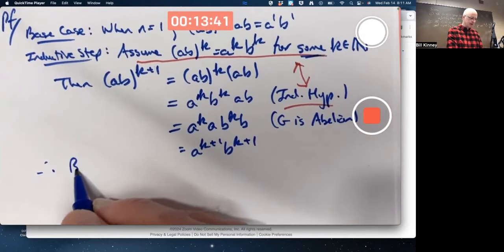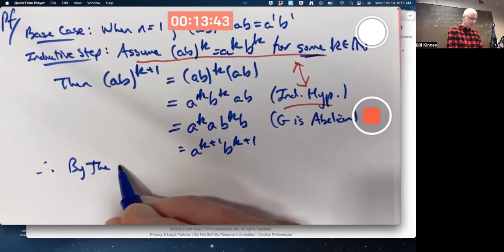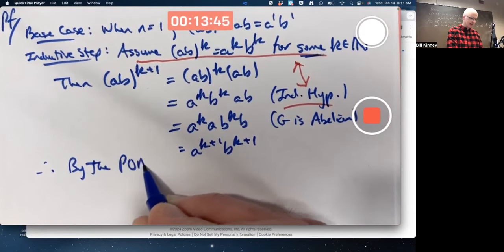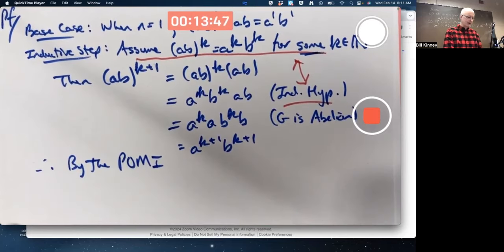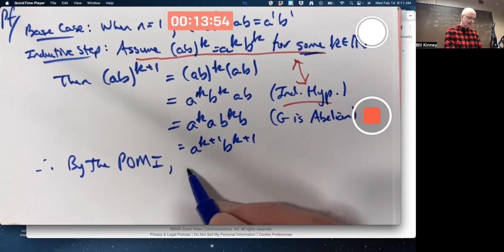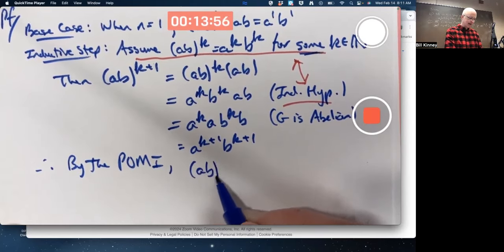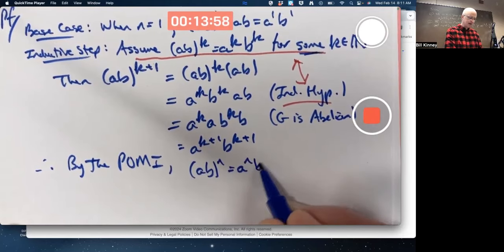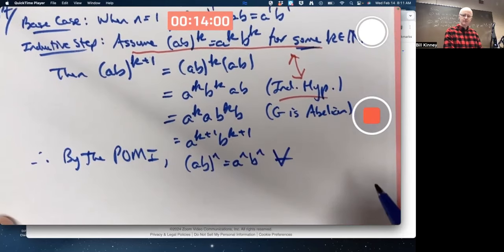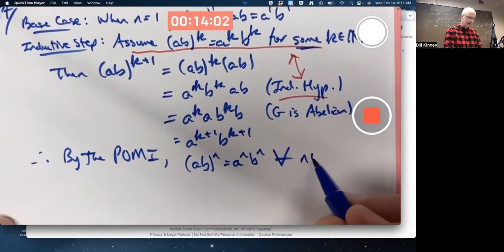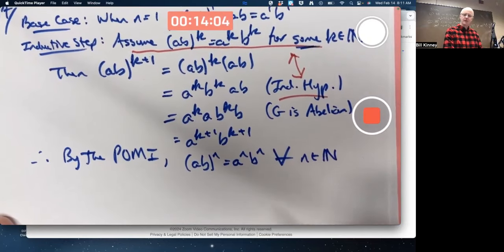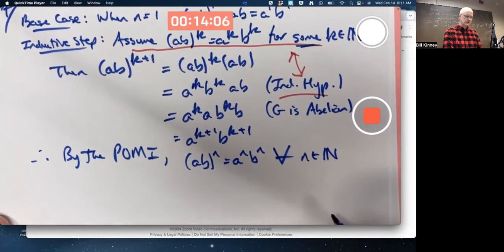Therefore, by the principle of mathematical induction, PMI for short, (ab)^n equals a^n b^n for all n in the natural numbers, for all positive integers.